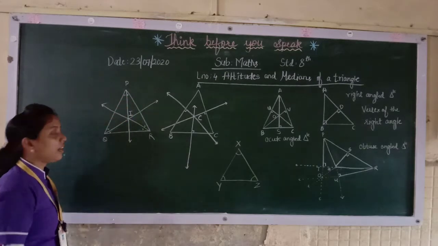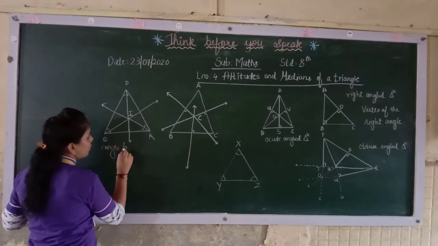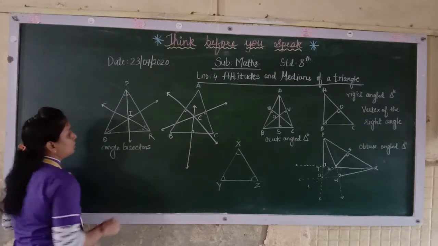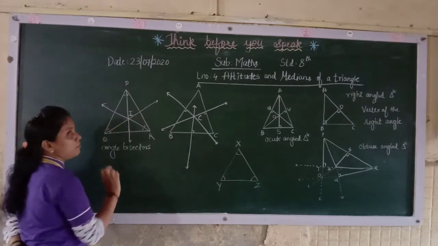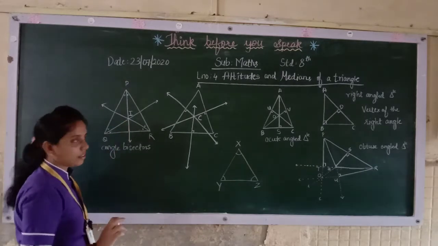So these are the angle bisectors. Now see, where all three angle bisectors are meeting, a triangle will have three angle bisectors, correct?